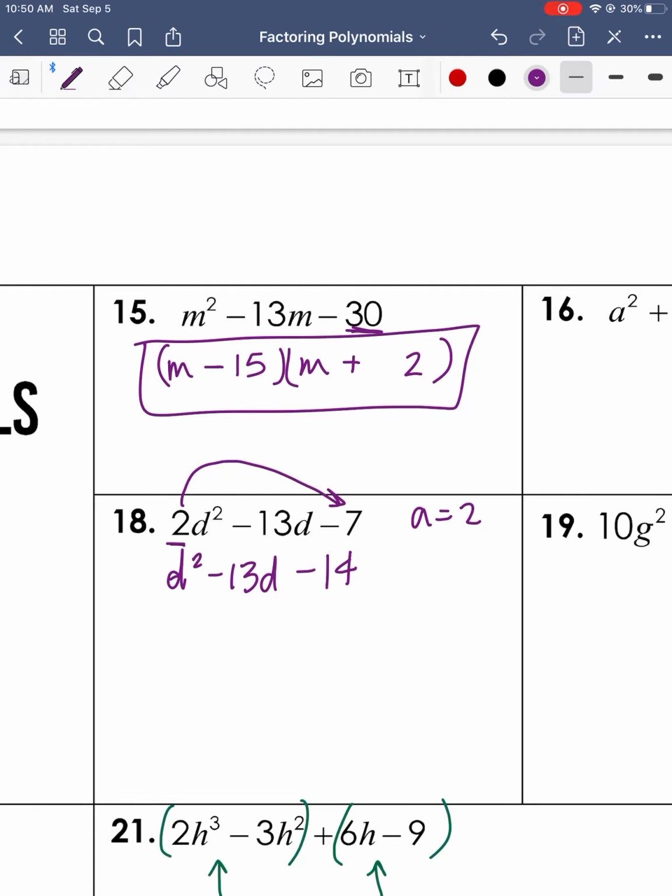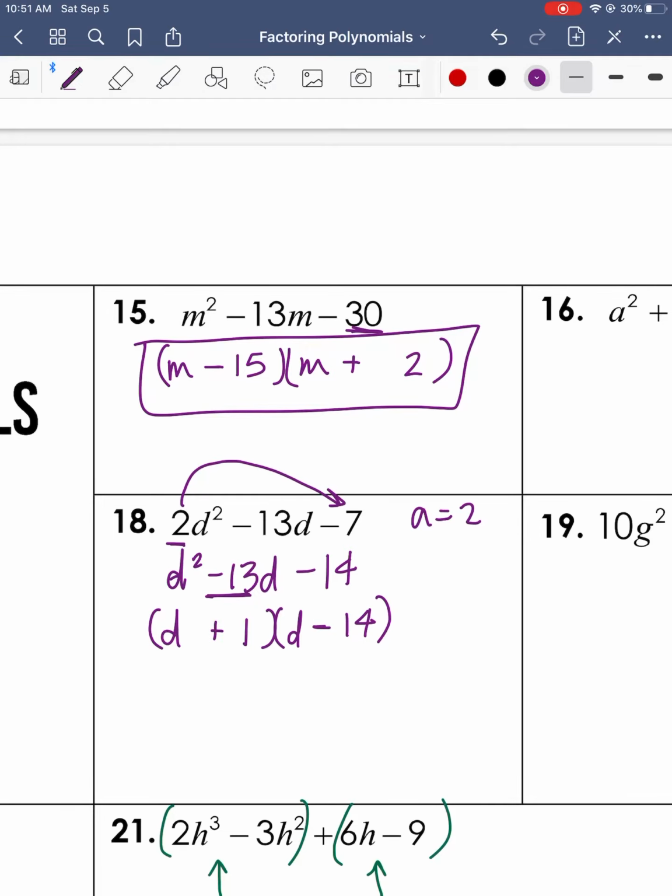And now we're dealing with a regular trinomial that doesn't have this front number. The same method applies here: two numbers to multiply together to get negative 14, add together to get negative 13. That's pretty simple here, so we're going to do 14 and 1. Our 13 is negative, so we'll subtract the 14 and add the 1.